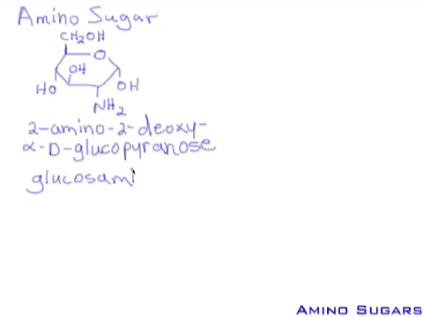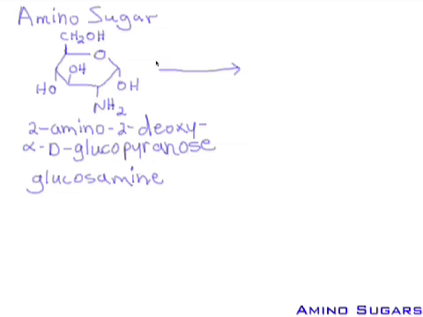Glucosamine is an important precursor to the component found in the exoskeletons of insects and crustaceans. It's a key constituent found in chitin. And we can do this in the laboratory.